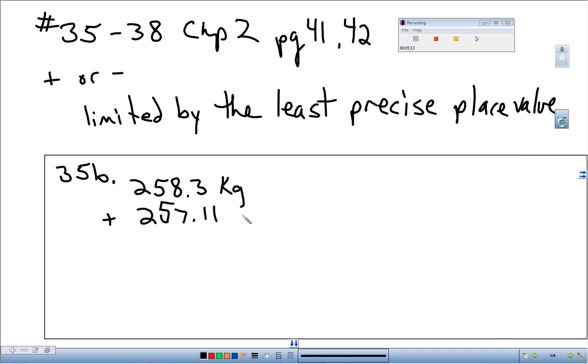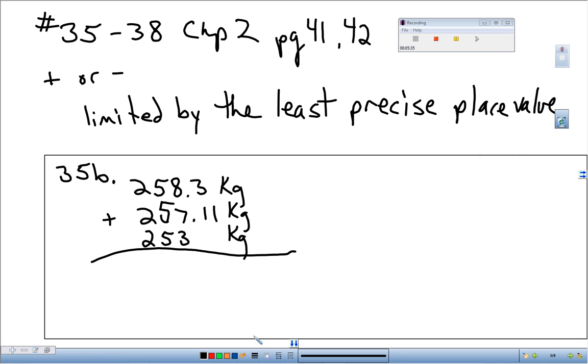Yep. So that's 153.1. They didn't have a decimal here after the 3, did they? So that's 35B. This is part of our homework, and you still have to do A, C, and D on your own, but I'll do this one with you.